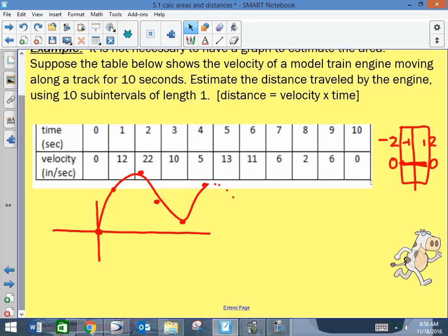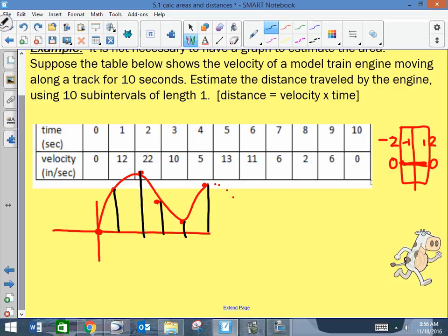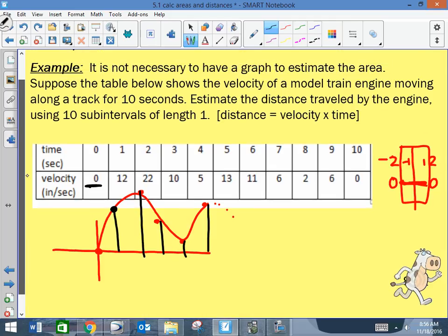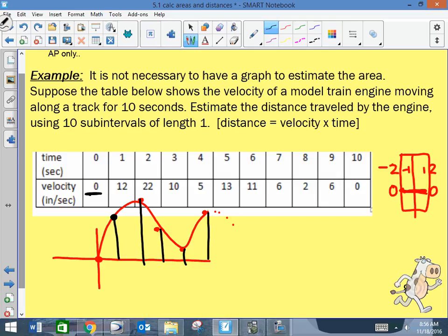So you have that, then you're going to do this, etc. Okay, so they are giving you the velocity, they are giving you this value right here. It doesn't say right or left. Usually it does, but we got 10 intervals.